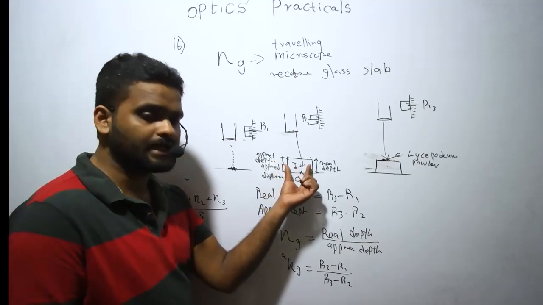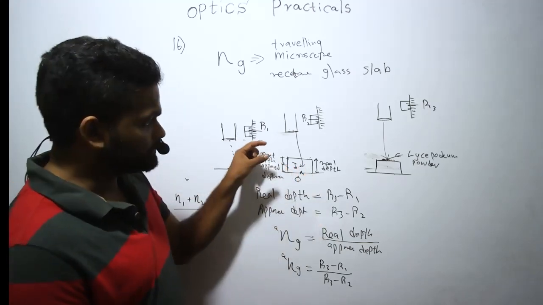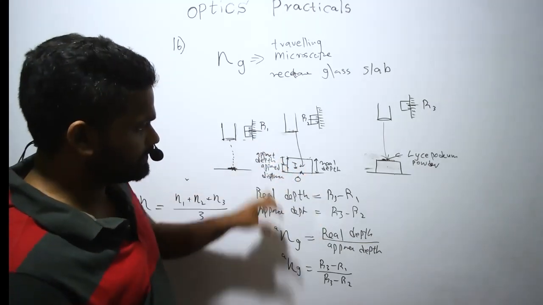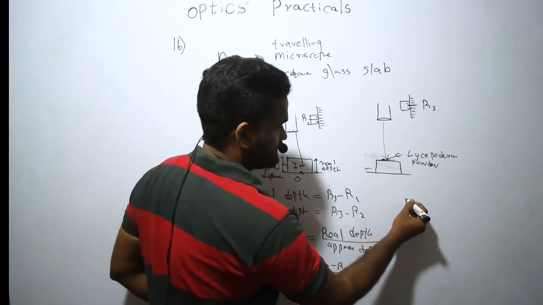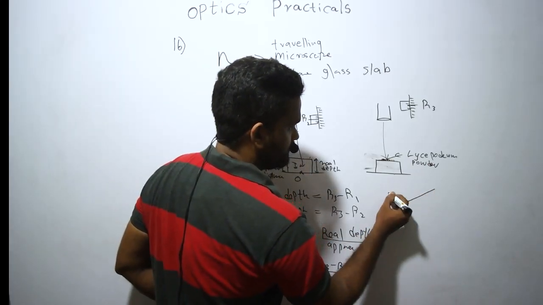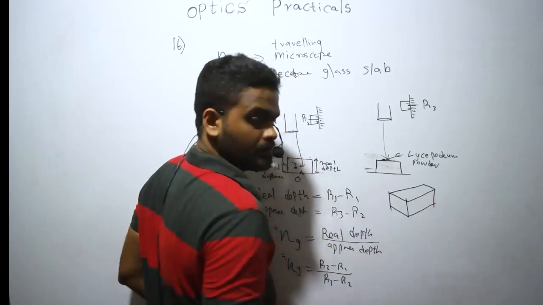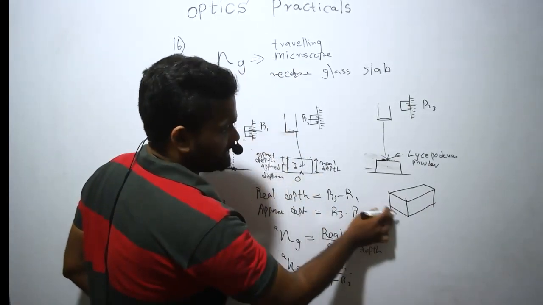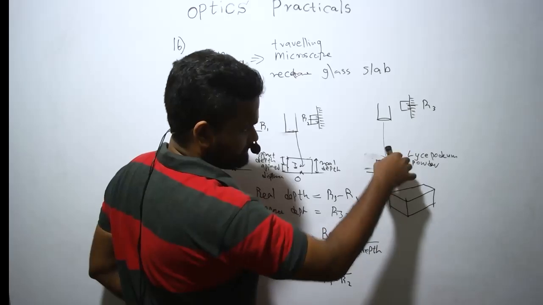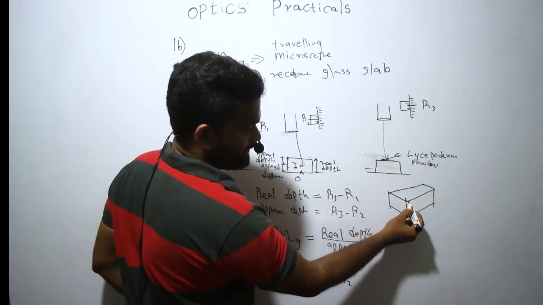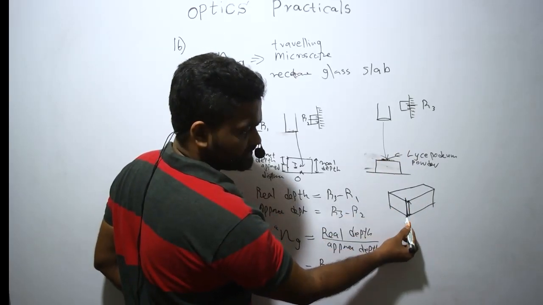You know that this is a glass slab, right? If you place the glass slab to this side, like this, then you can get the measurements along this.